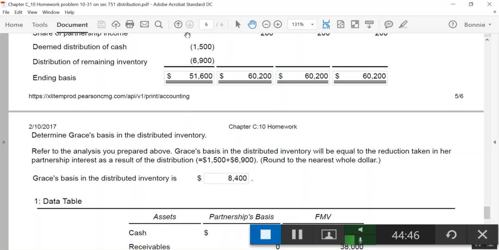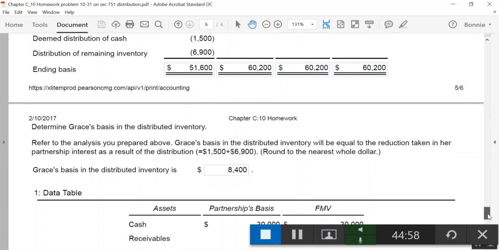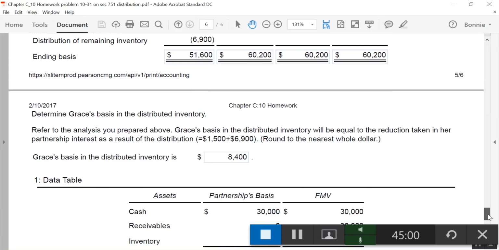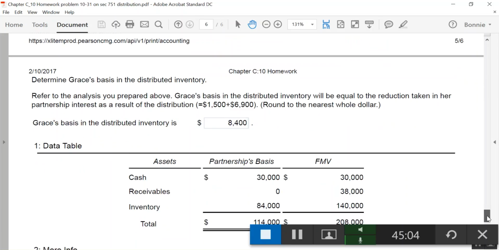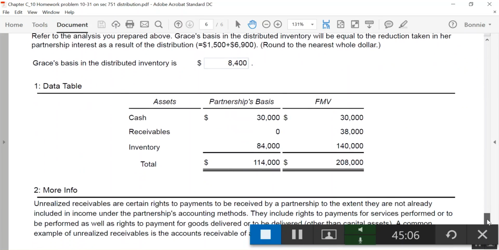Because she's reducing her interest in the partnership in total by $8,400, the sum of the deemed distribution of cash and the actual distribution of inventory, it makes sense that her basis in the distributed inventory is $8,400.